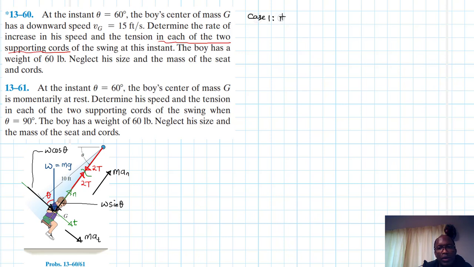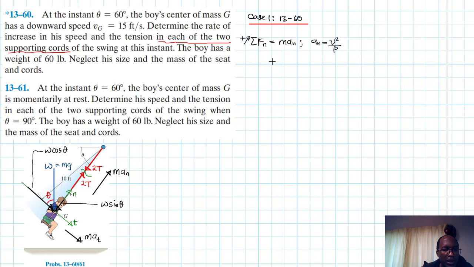Let's go to case 1 quickly, which is just theta equal to 60 degrees. We write down the equations of motion, starting with the N direction. The summation of forces in the N direction equals m a_N, with going up as our reference positive. Our a_N is just equal to V squared divided by rho.